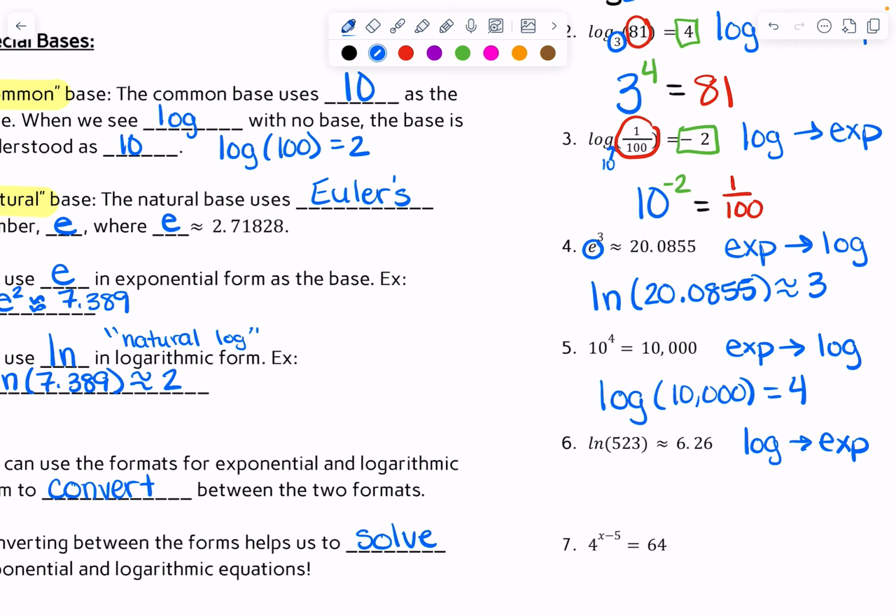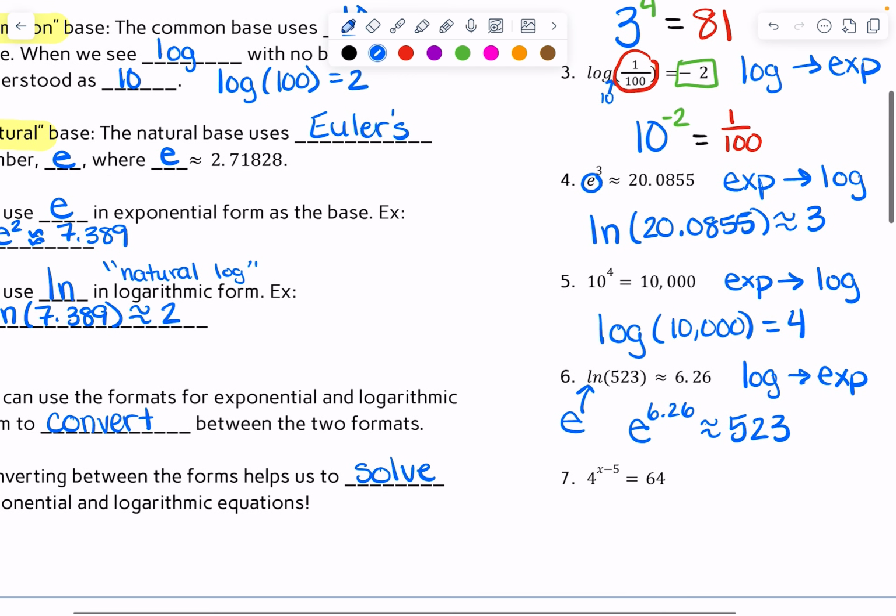So when I have that natural logarithm, this is a base of e. So this is going to be e to the 6.26 power, you can have a decimal as a power, is approximately equal to 523.